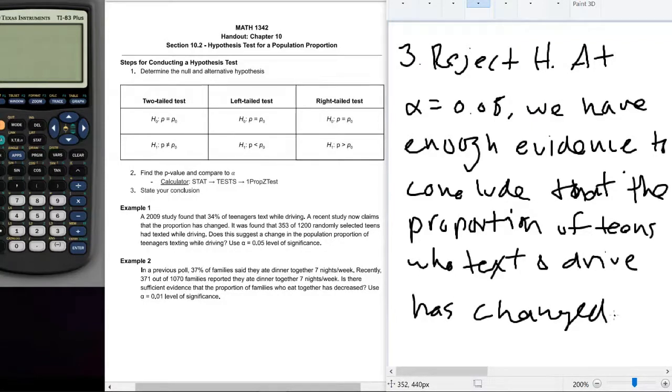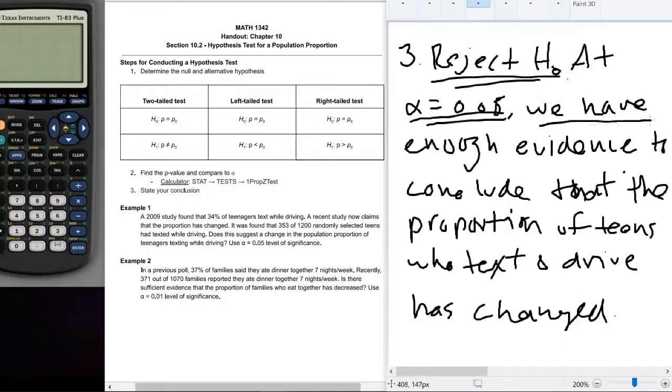Okay? And there's some things that I want you to know from this conclusion. Okay, this is a very typical format of the conclusion when it comes to hypothesis testing. So we first say whether we reject or do not reject the null hypothesis. Okay, so we reject the null hypothesis. We're going to state our alpha level. Okay, alpha equals 0.05. And then we're going to state whether or not we had enough evidence.